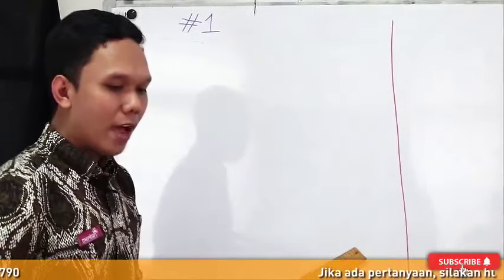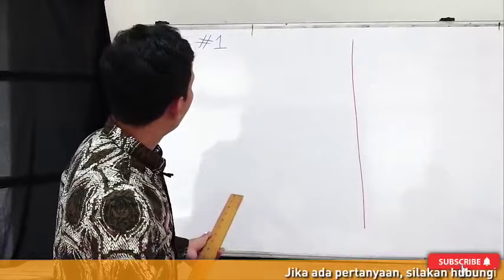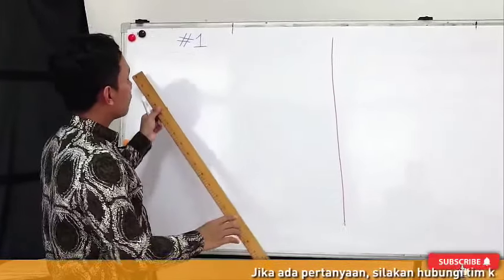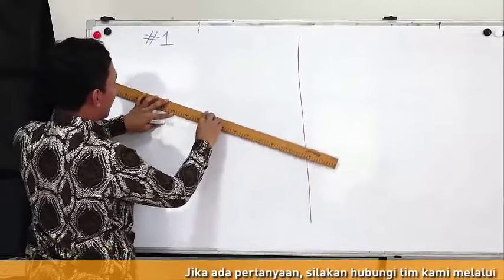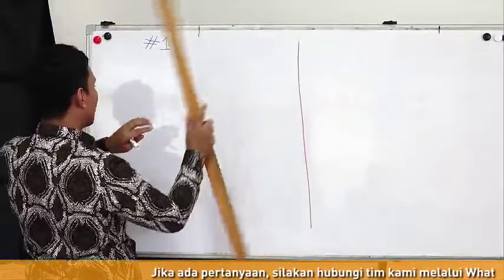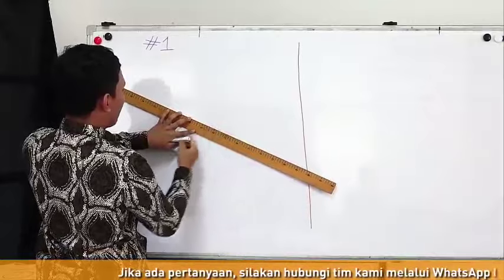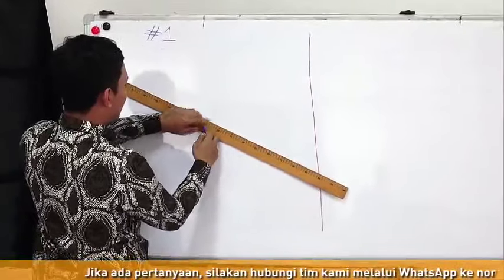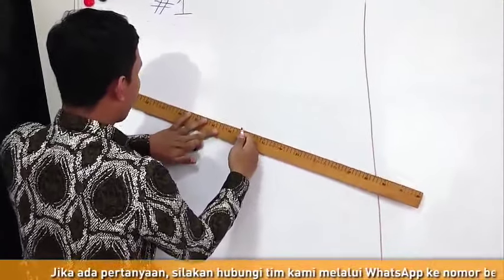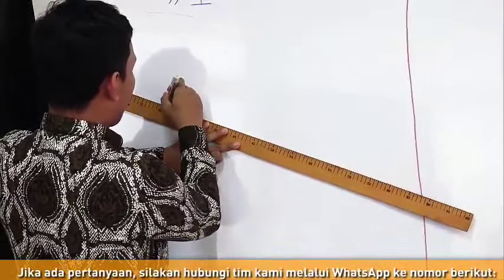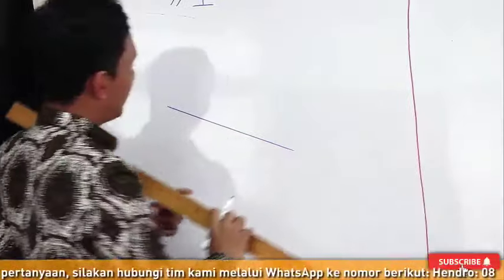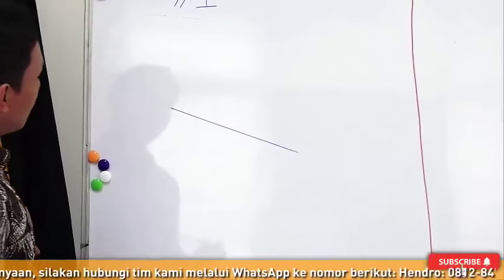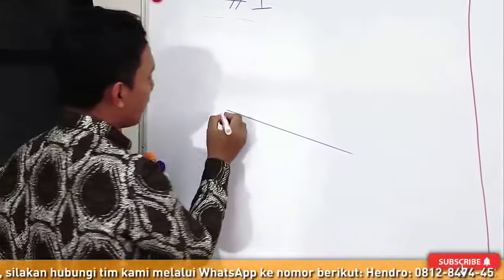The first thing you have to do is to draw a line first. We need to draw a line first using the ruler. Yeah, let me draw the line. This is the line that we have, and I think we need to name this line.